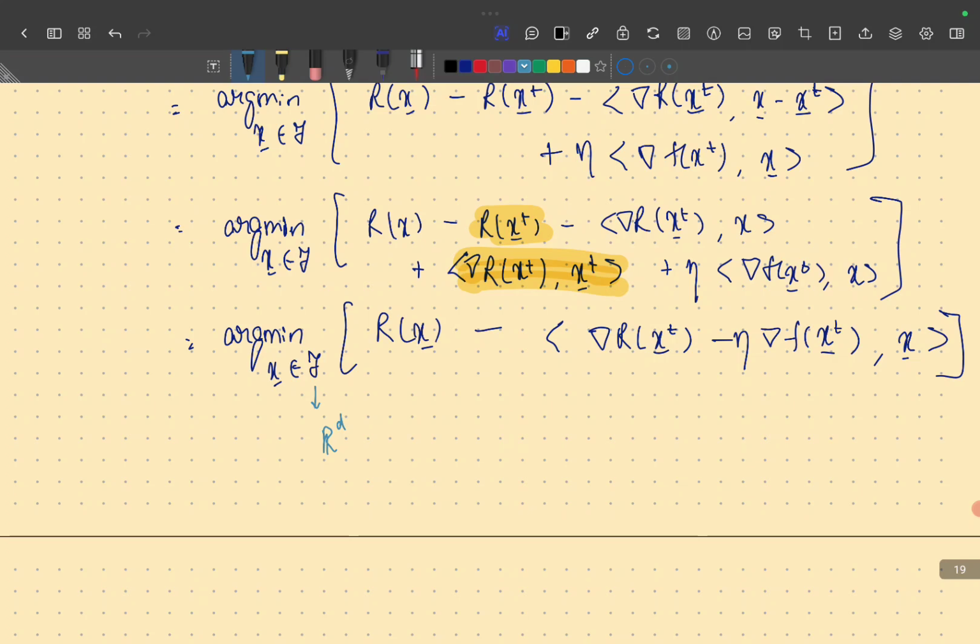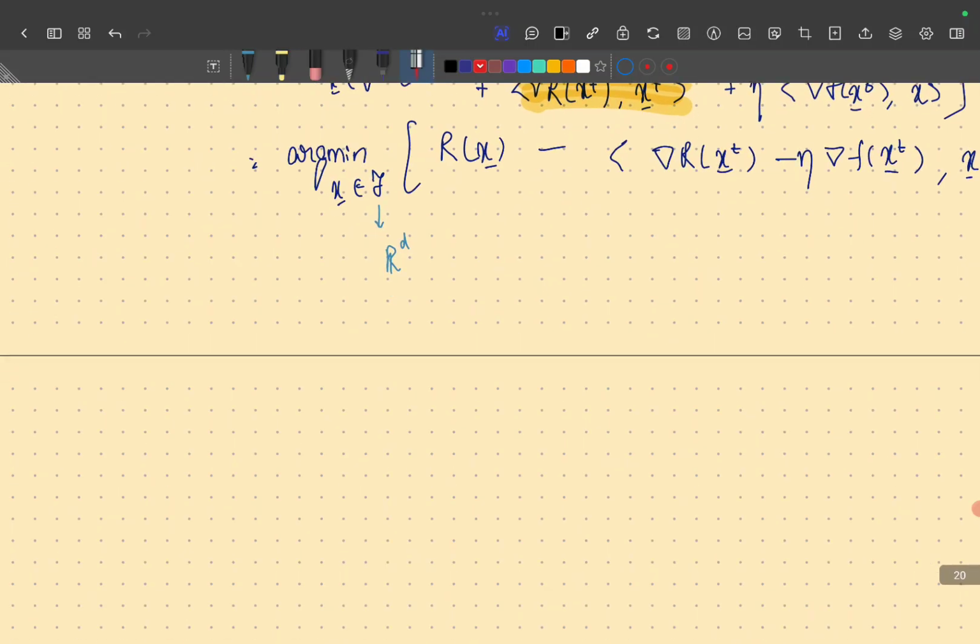How would you find this argmin? I've told you that r is a convex function. This term over here is convex, and this term is linear in x, so the overall function is convex. So how do you find the minimum? You can take the gradient of this whole quantity and set it equal to 0. So what do you get?